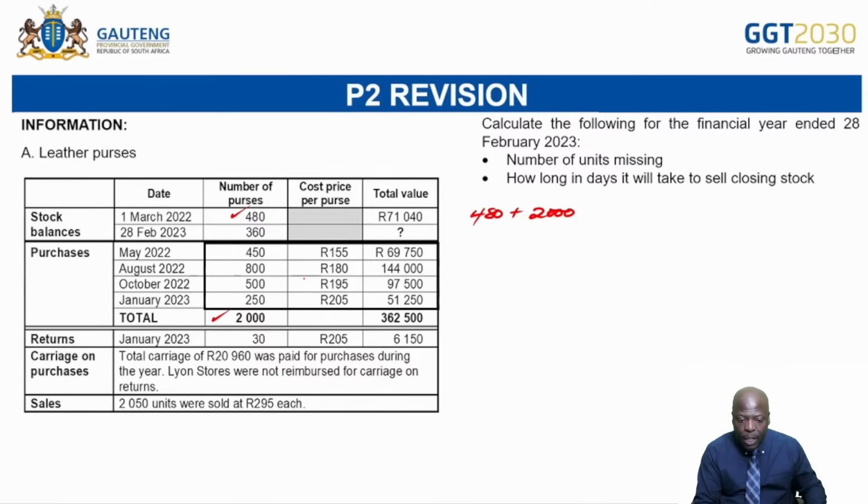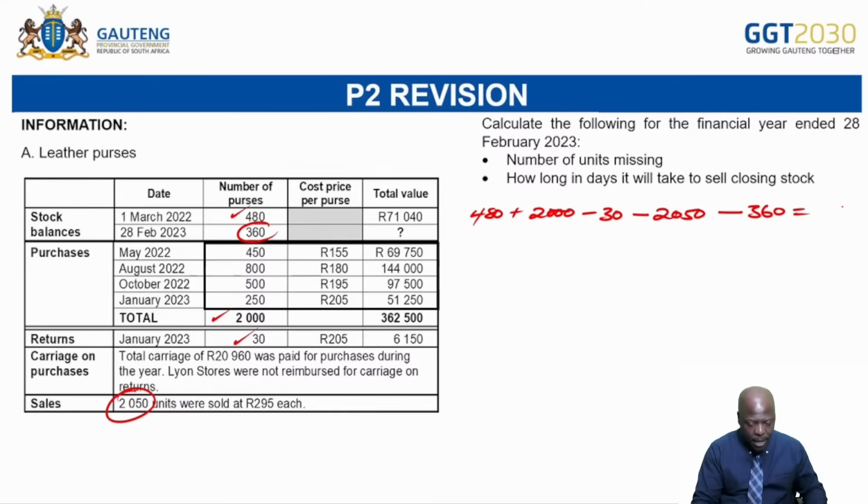And then, do we have any returns? Yes, minus my returns, which is 30, and then minus my units sold, which is 2050, minus the sales, and then we would now say minus the closing stock, which is 360.